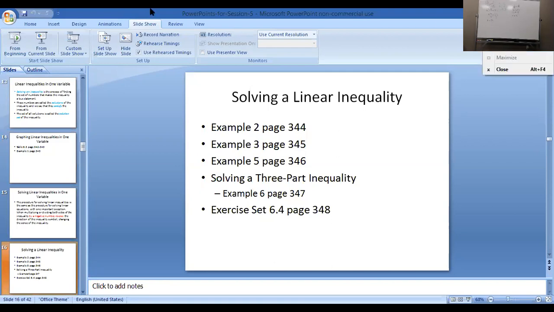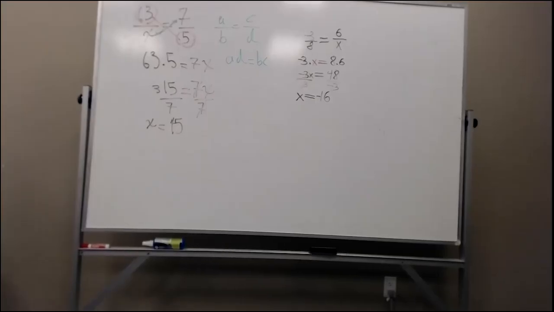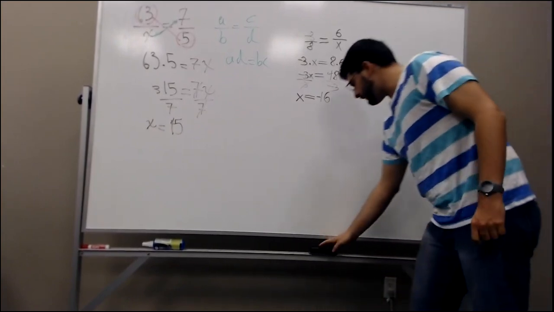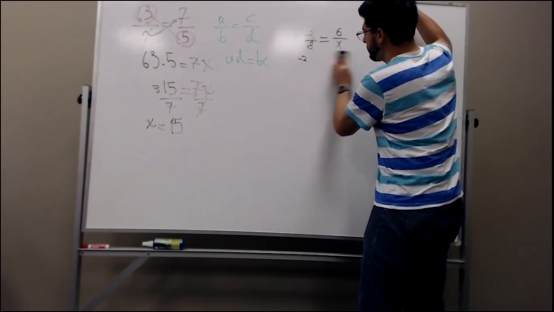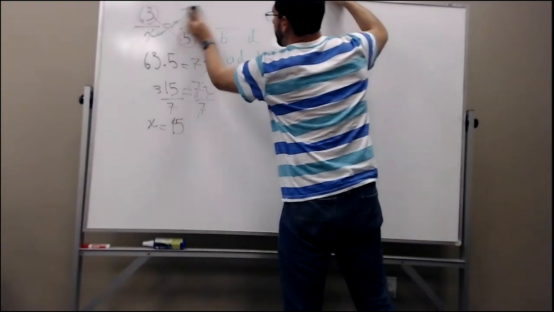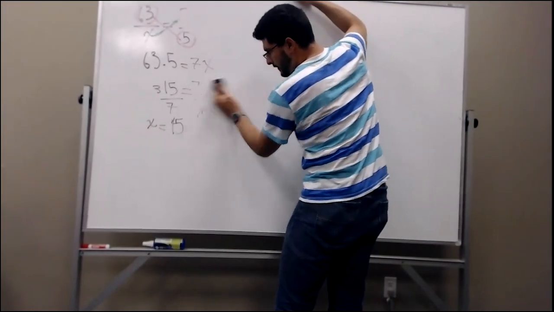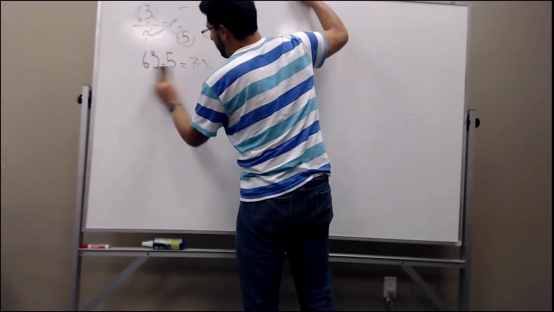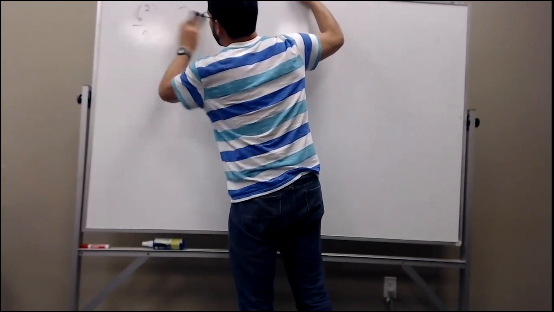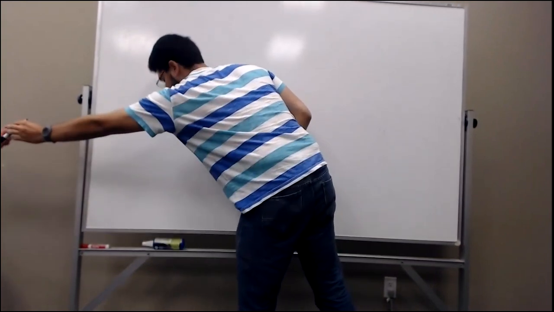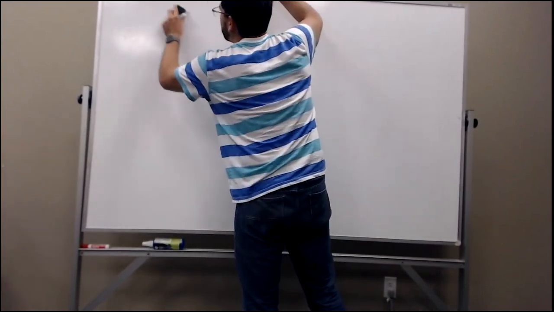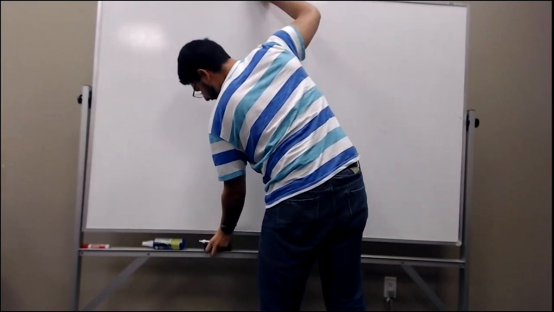Let me just stop share. We want to erase the other stuff so it'll be more clear. Should I erase everything? Yeah. Why don't you use this one? So I can read it for you.